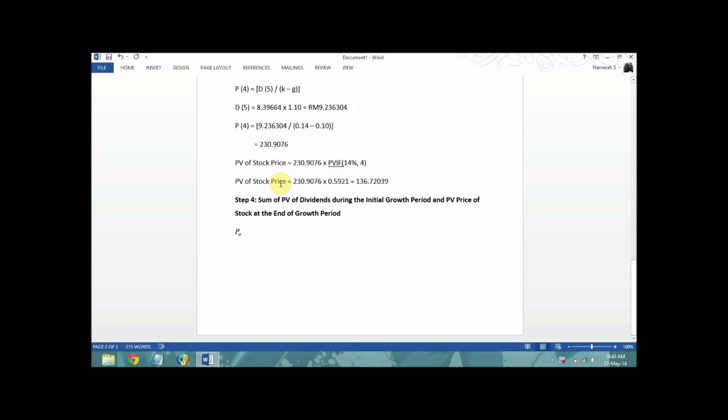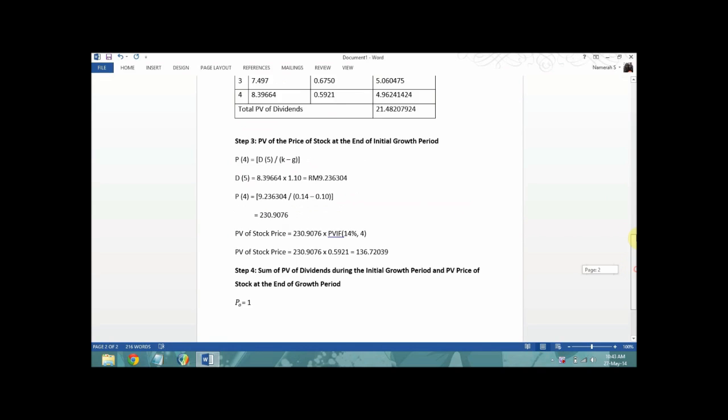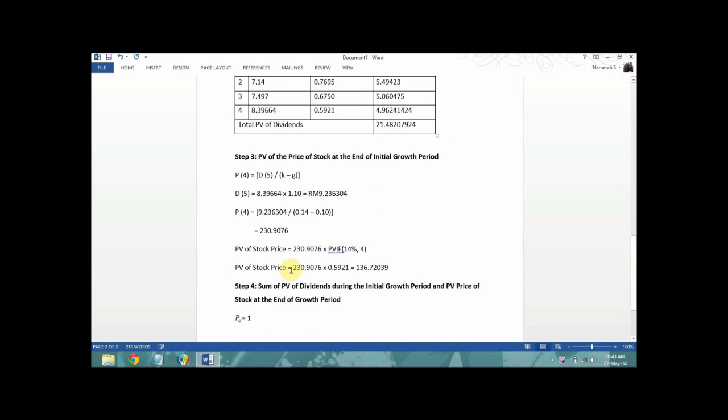That is our P0. Our P0 will be equivalent to the sum of present value of dividends during initial growth period, which was 21.48207924, plus our PV of stock price at the end of growth period, which was 136.72039, which gives us a P0 of 158.2024692. That's all.